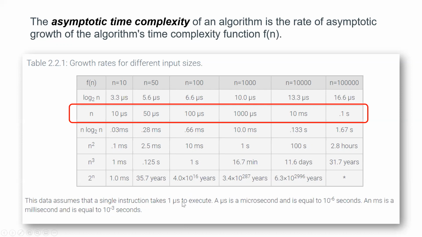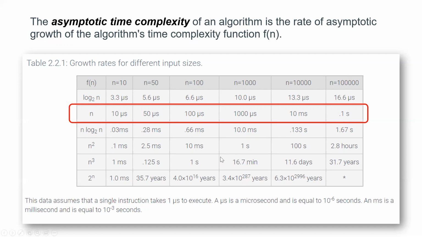If we had a time complexity function that was of order n, then if our input is 10, it's going to be 10 microseconds. Or if it's 100, it's 100 microseconds. So when we get up to 100,000, it's just 0.1 second.